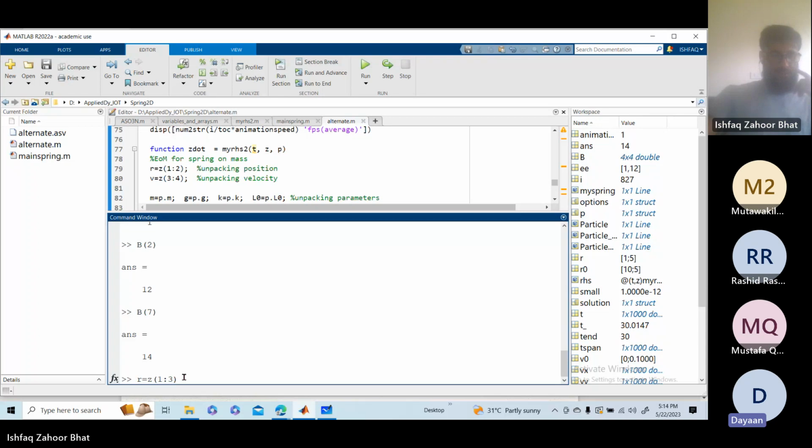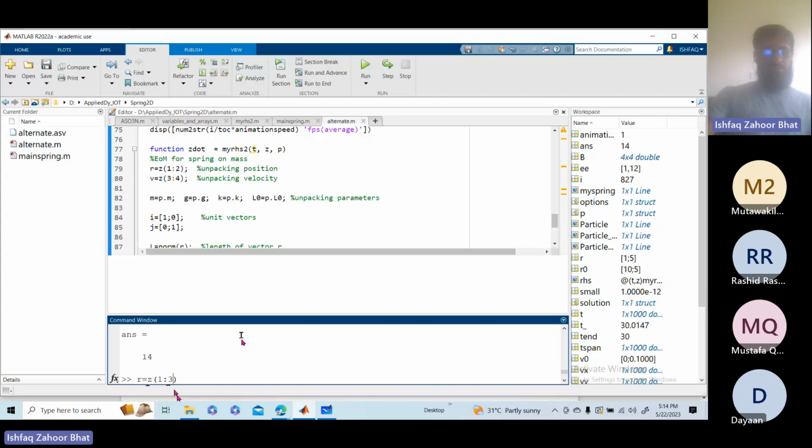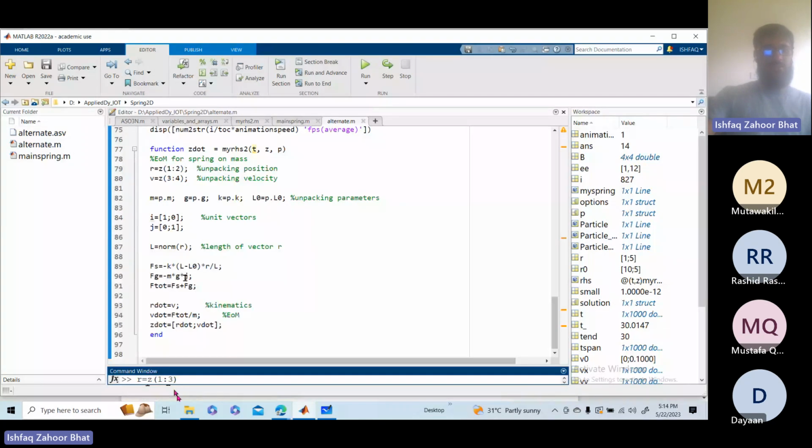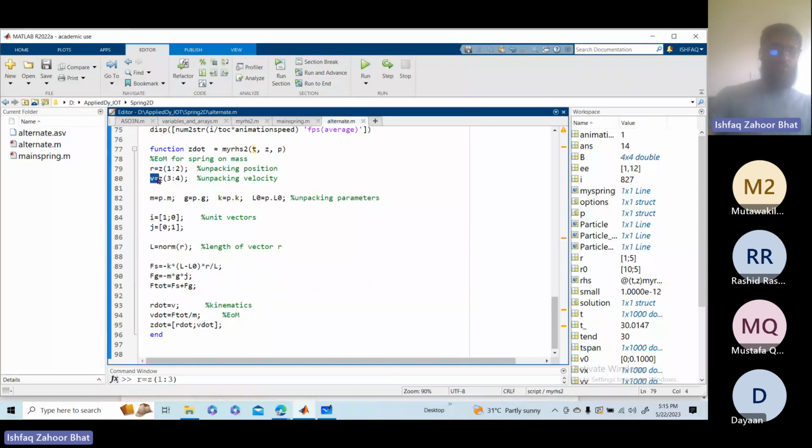Z is not a matrix, it is just a vector, so there is no ambiguity. It will return me the first value, then the second value, then the third value. This Z is an instantaneous value storing R and V. The first two elements represent the X and Y components of the position.